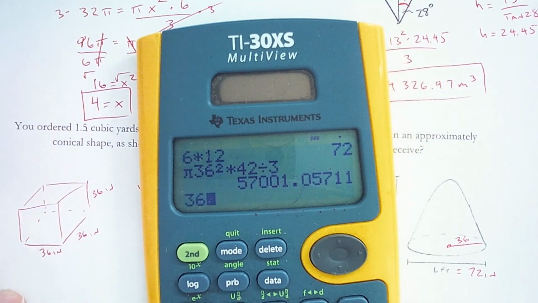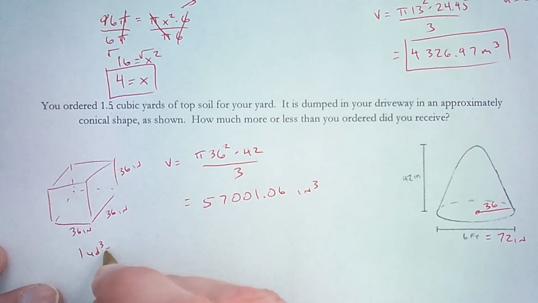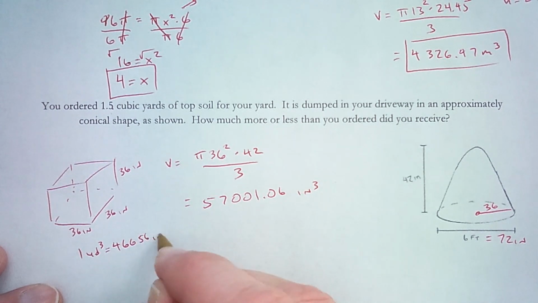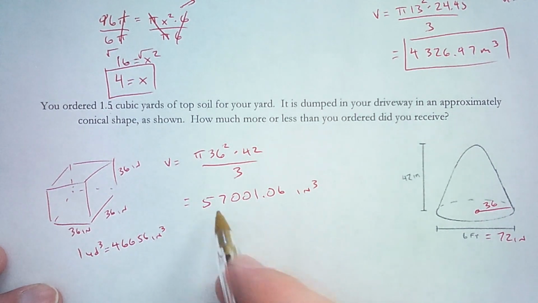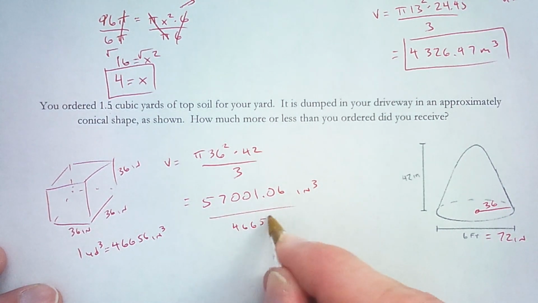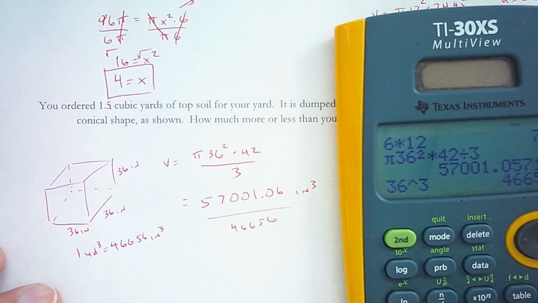Okay, so 36 cubed is 46,656. So 1 cubic yard is 46,656 cubic inches. So we're going to take this answer and divide it by 46,656, and that will convert our answer to cubic yards.